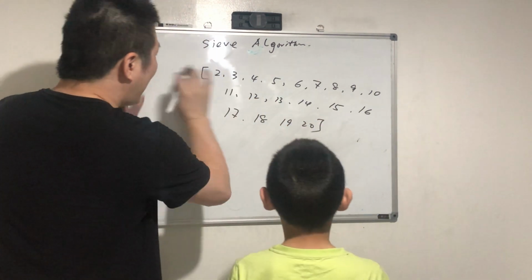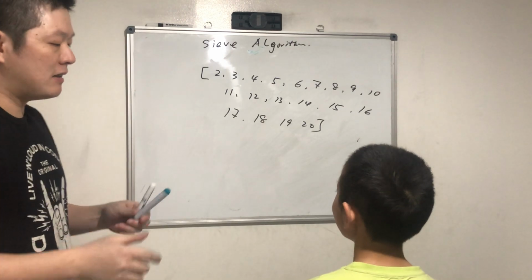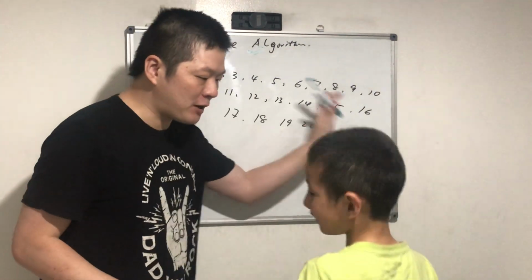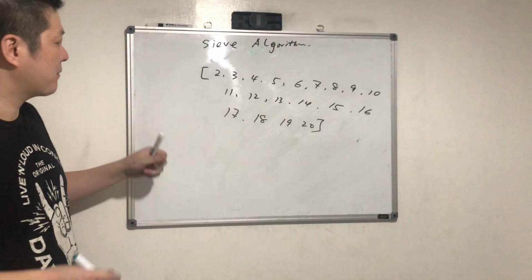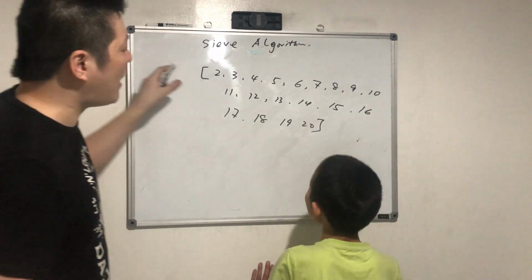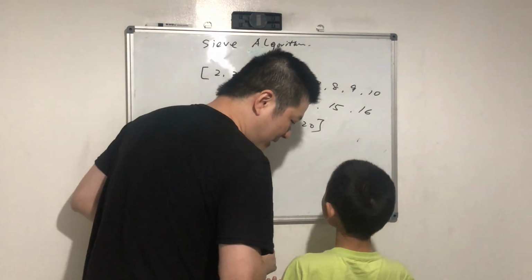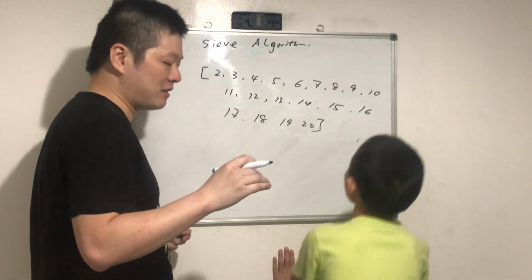These are the candidates. We want to generate all the prime numbers under 20. We start with 2. 2 is a prime number. So we set everything to true. We just assume every number is a prime number, for now.